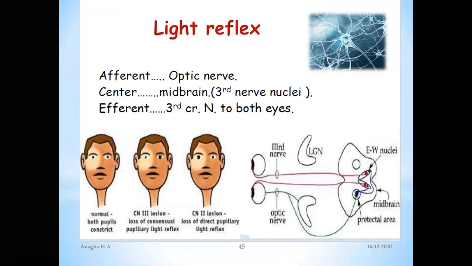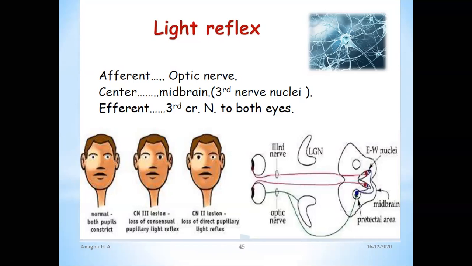The direct is the eye on which you focus the light; for that light, the other eye should also react. That is called the consensual light response. So normal is both pupils constrict, but in a cranial nerve 3 lesion, there is loss of the consensual pupillary light reflex, and in a cranial nerve 2 lesion, there is loss of the direct pupillary light reflex only.